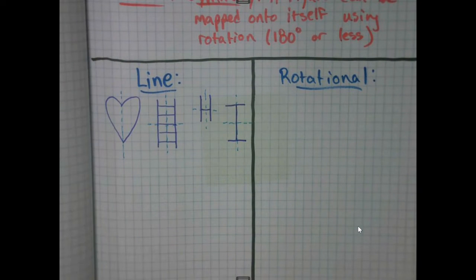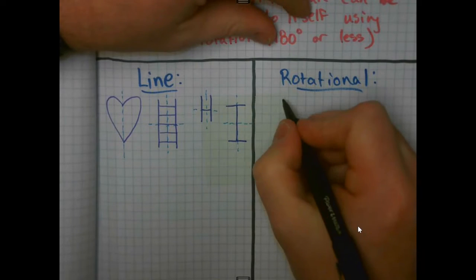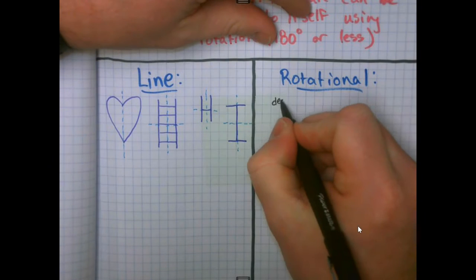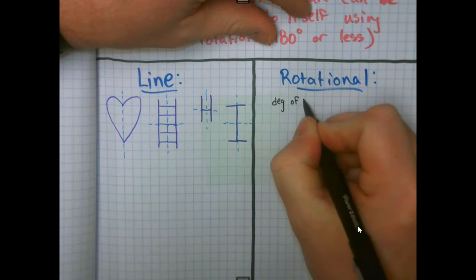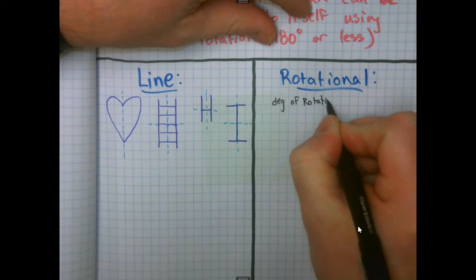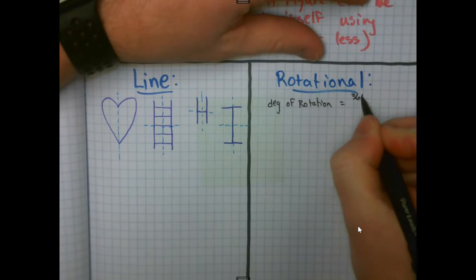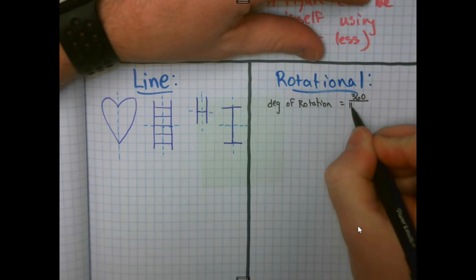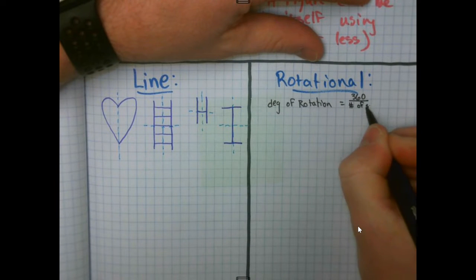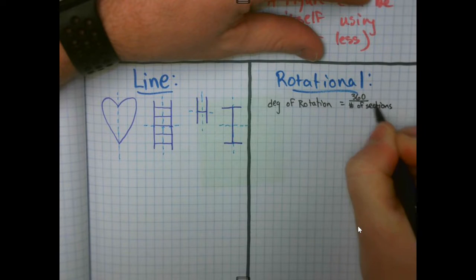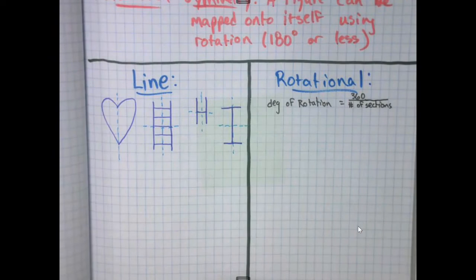Rotational symmetry. There's a formula for rotational symmetry also, and that is degree of rotation equals 360 divided by number of sections. I'll explain what that means in just a second.